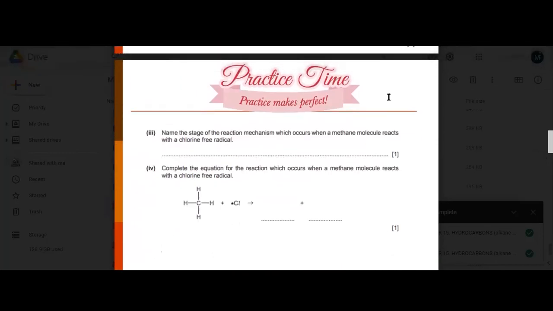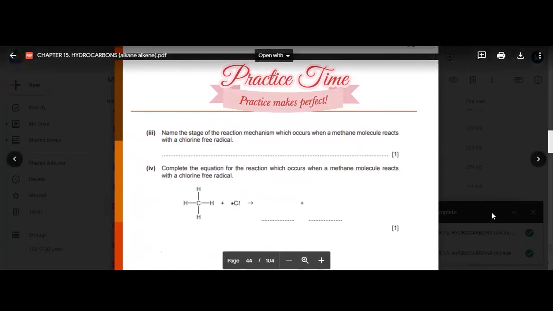Name the stage of the reaction mechanism which occurs when a methane molecule reacts with a chlorine free radical. Let's discuss. What is the stage?